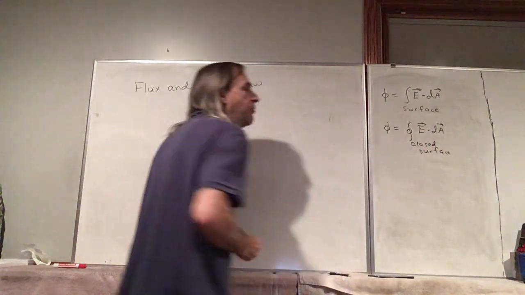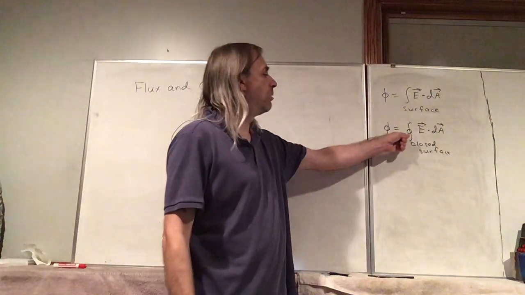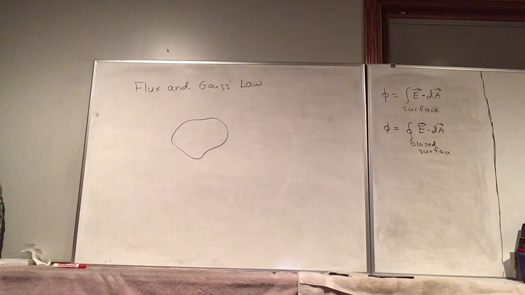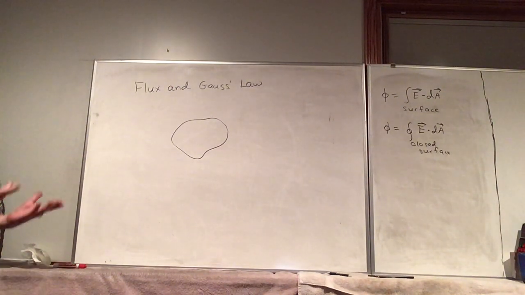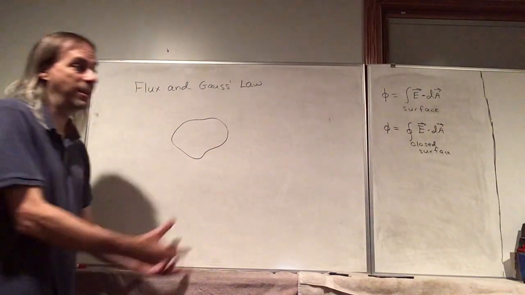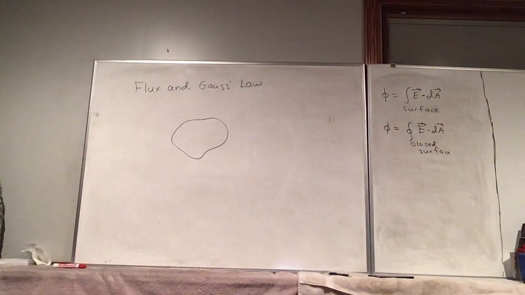The notation is a little different if you're talking about a closed surface. You draw a circle around the integral symbol. And again, it's optional. If you don't do that, it's not really a problem, because the person reading should be able to see that it's a closed surface. But that's standard notation if you have a closed surface.